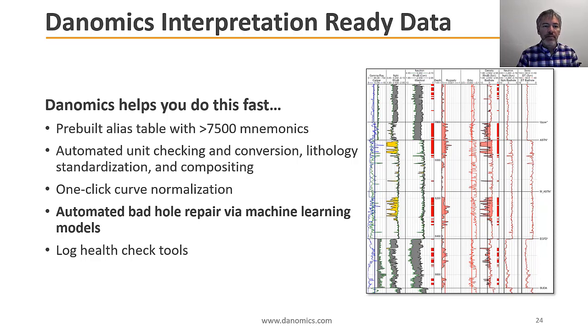With respect to repairing bad hole, we have automated this process via machine learning models. So you have access to things like multilinear regression and random forest to help you automatically reconstruct these curves across the washout intervals. And finally, we've built in some log health check tools, so that even before you get started, you'll have some type of indication of problem wells.